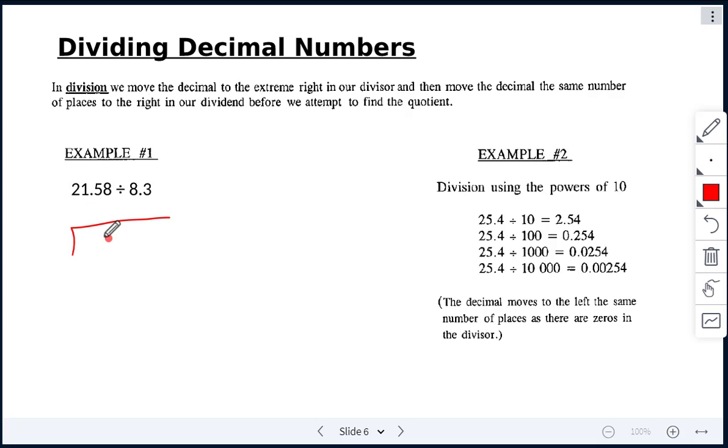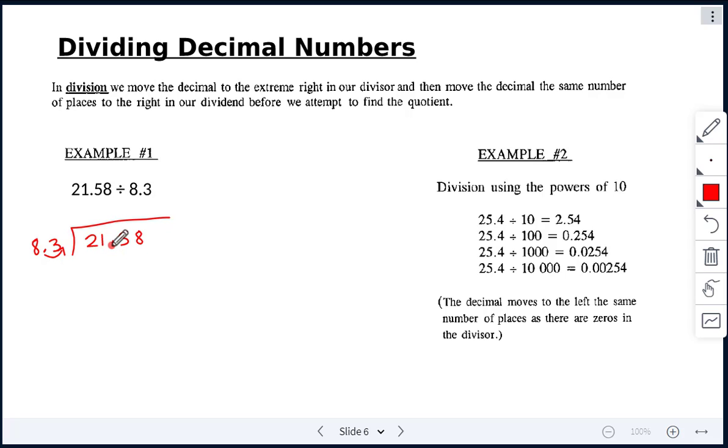All right, so I'm just going to set this up so it's 21.58, that is the dividend. 8.3, that's our divisor. So when we are working with decimals, this divisor, we want to make it a whole number. So we're going to take this decimal place and move it until it becomes a whole number. So in this case, we're moving it 1 to the right to make it 83.